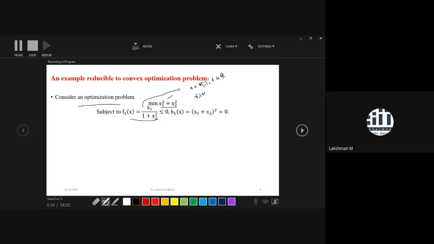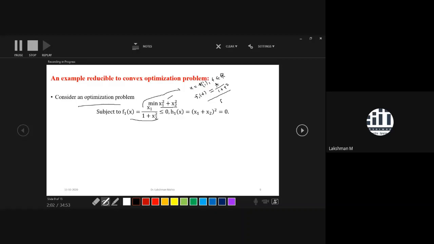So f1 of t would be what? You are taking along the line, so x1 equal to t. You put t here, and x2 is also t. So you will write here 1 plus t square. It is a function of one variable, so you can apply second derivatives here also.